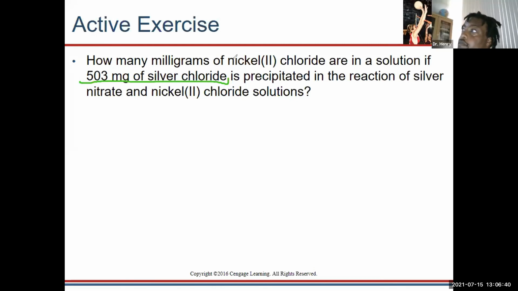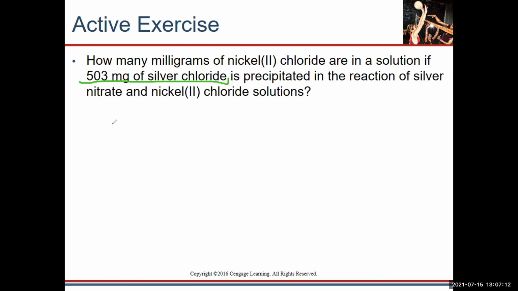So this problem says, how many milligrams of nickel 2 chloride are in a solution if 503 milligrams of silver chloride is precipitated in a reaction of silver nitrate and nickel 2 chloride? So what are my reactants in this case? Nickel 2. Okay, so what does silver nitrate look like?